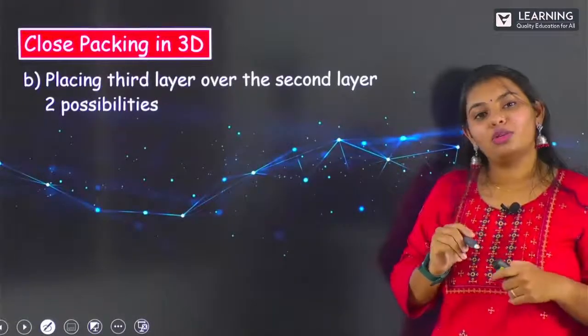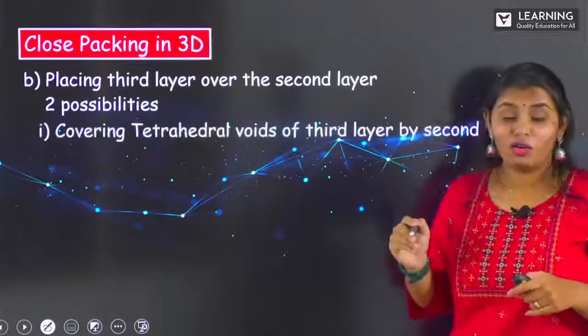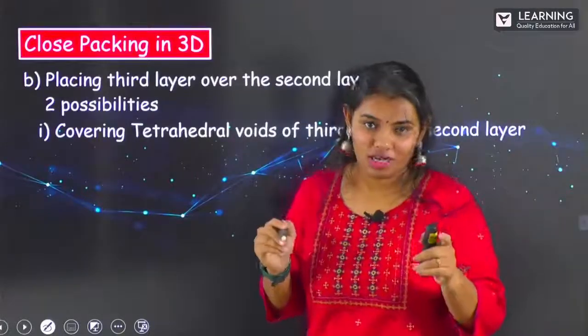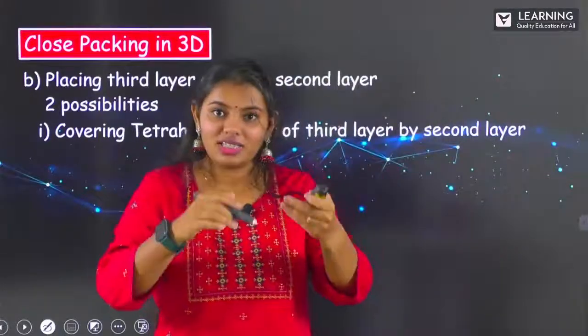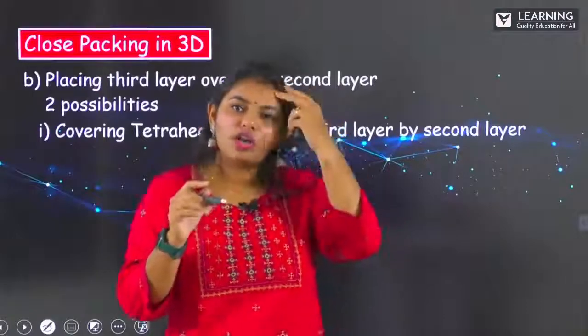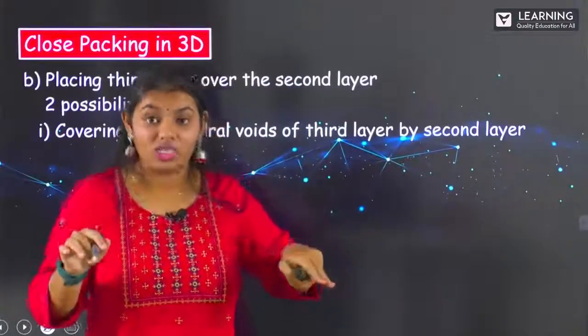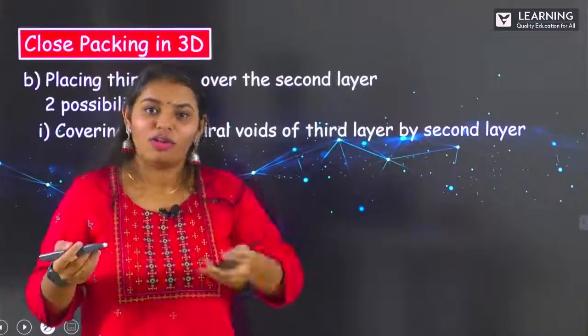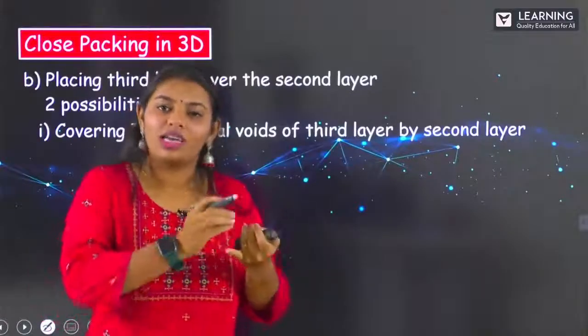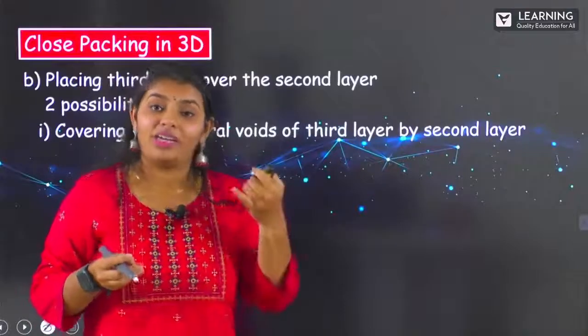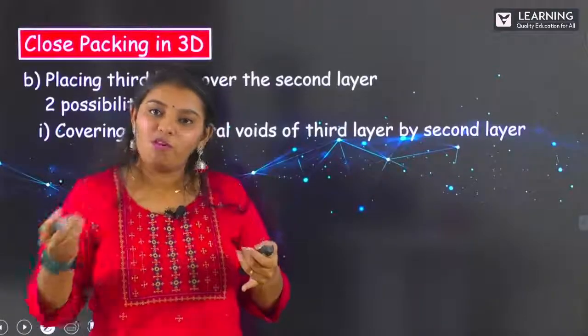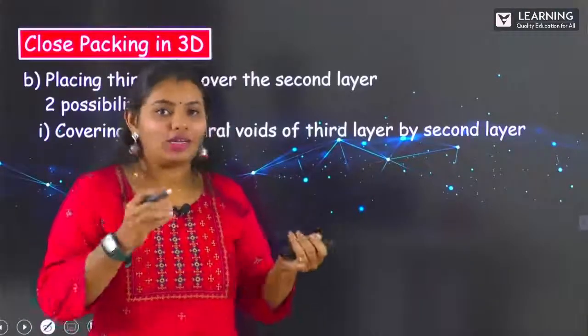When we place the second layer above the first layer, we saw 2 voids formed, octahedral voids and tetrahedral voids. Because of that, there are 2 possibilities. One type of arrangement would be covering the tetrahedral voids. The other type of arrangement will be covering octahedral voids.